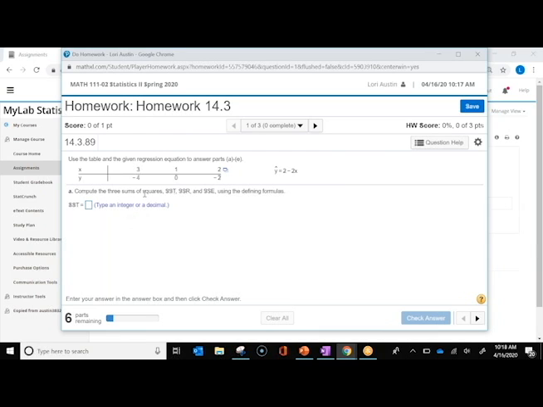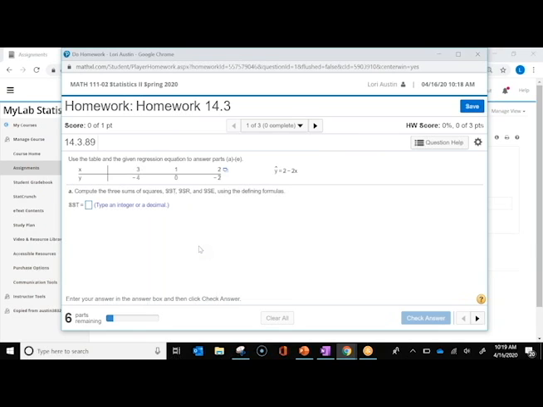So compute the 3 sums of squares. This one you do have to do the way we did it for this particular problem. What they're not giving you, what I give you, is the sum of the x's, the sum of the y's, the sum of the x squares, the sum of the y squares. But they're also only giving you 3 pieces of data, so you can easily get the sum of the x's, the sum of the y's.